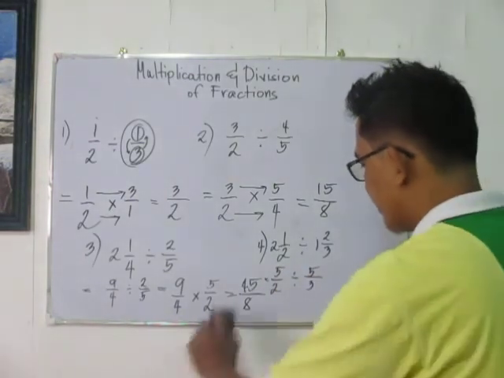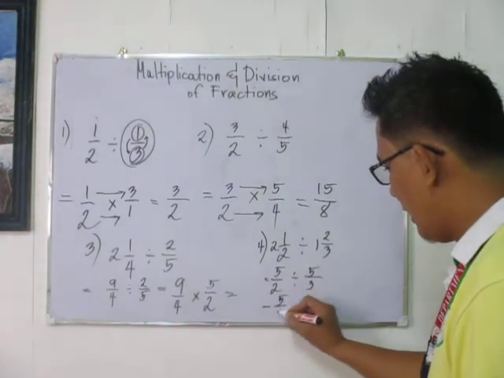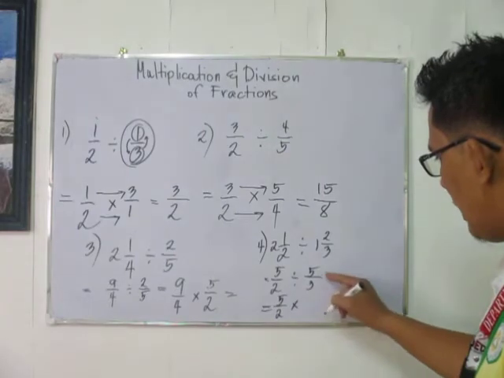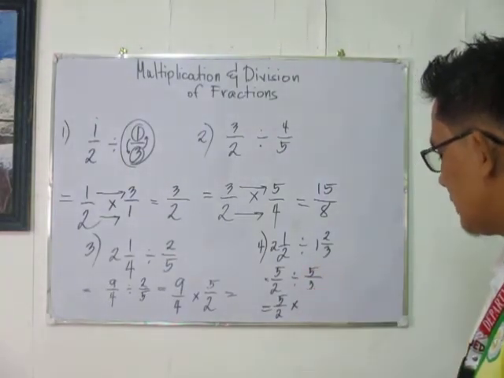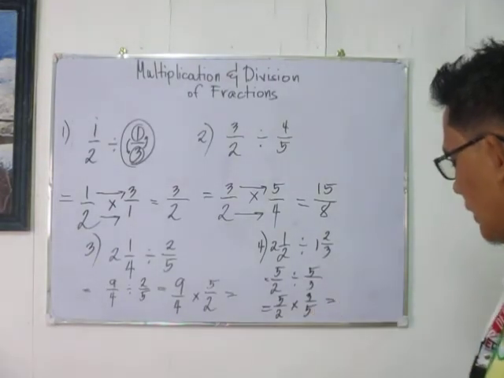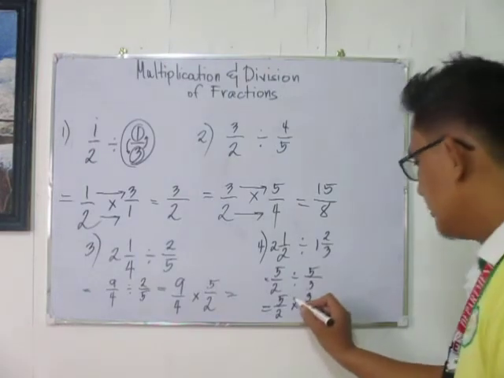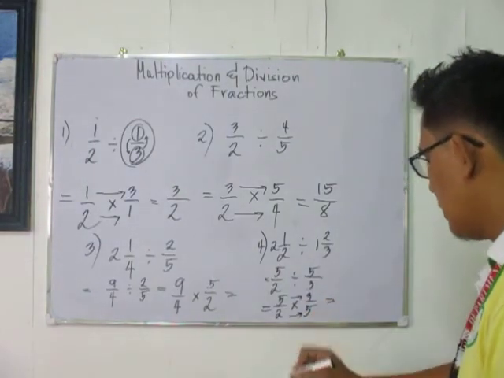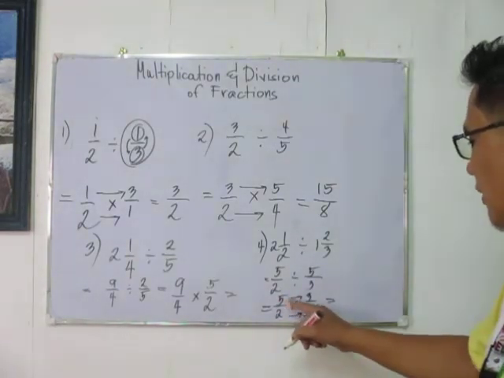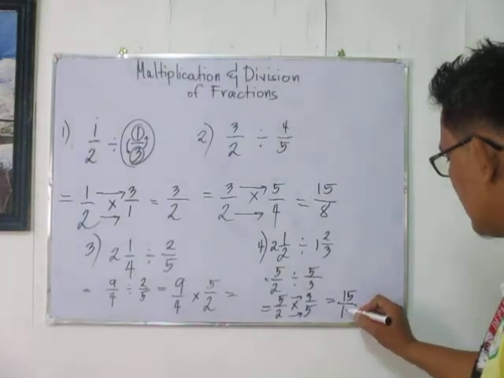Then copy first our 5 over 2 and proceed to multiplication after we take the reciprocal of 5 over 3, which is 3 over 5. Or you can simply cancel out the 5, or multiply numerators and denominators. Numerator by numerator, denominator by denominator. 5 times 3 is 15, over 2 times 5 is 10.